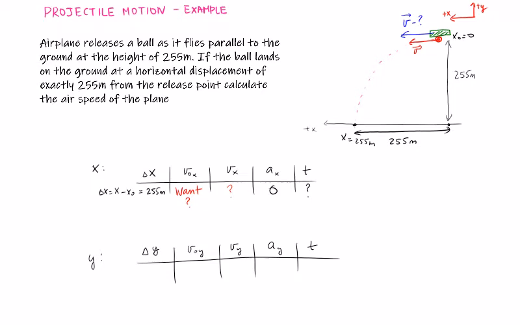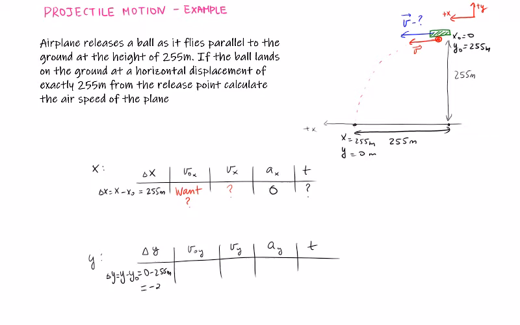So let's see what we have on the y component. Let's go back and identify our y initial, which is 255 meters. But then y final is 0 meters. So delta y equals y final minus y initial, which equals 0 minus 255 meters.